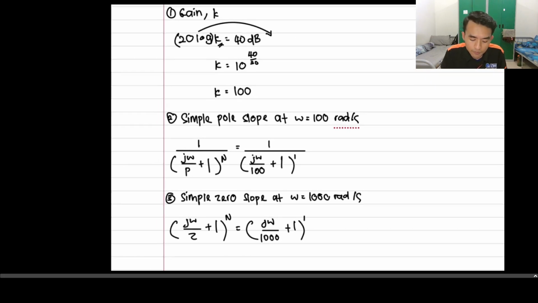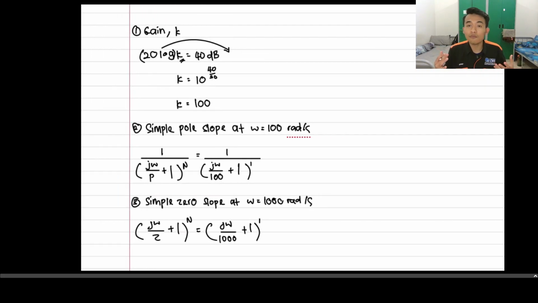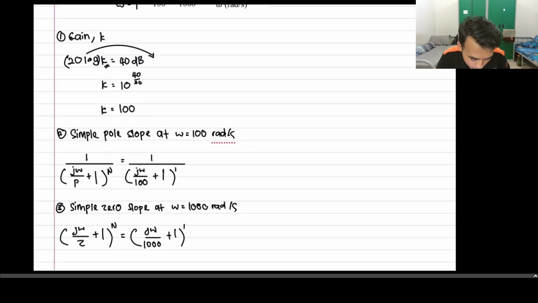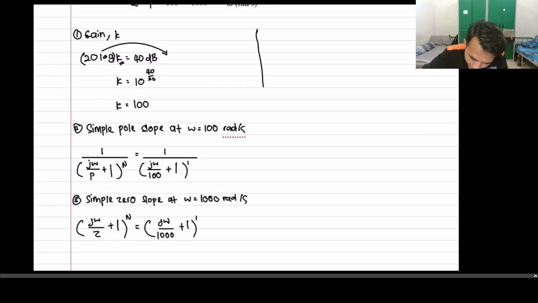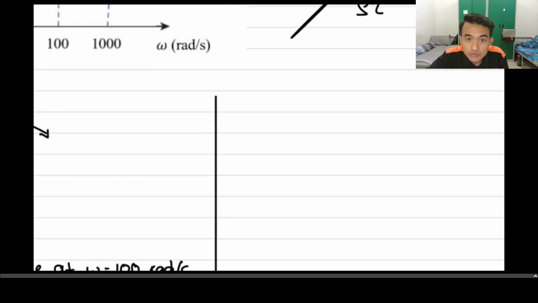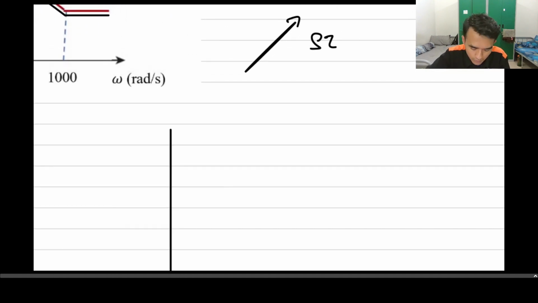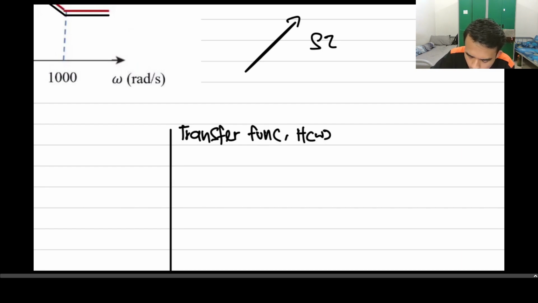Okay, so after we finish deriving all the elements outside the Bode plot, we can get the transfer function. So the transfer function, which is H(ω), equals zeros divided by poles.